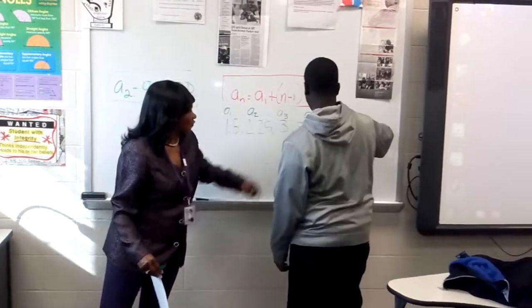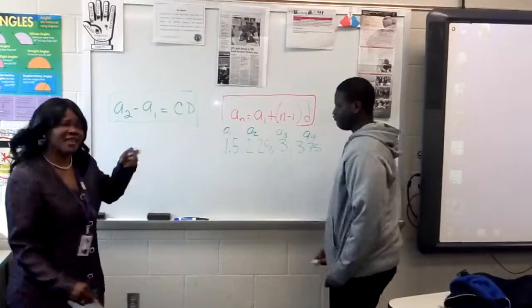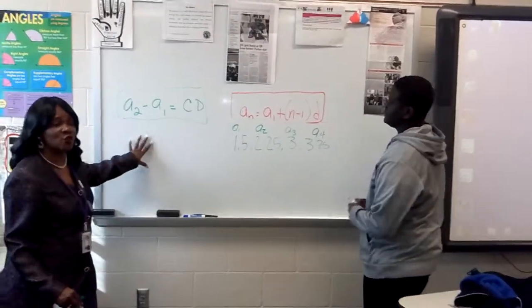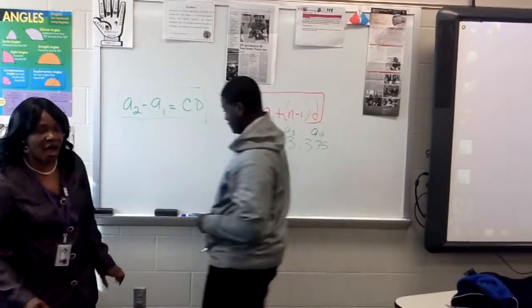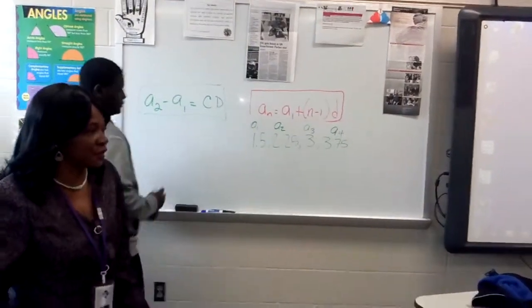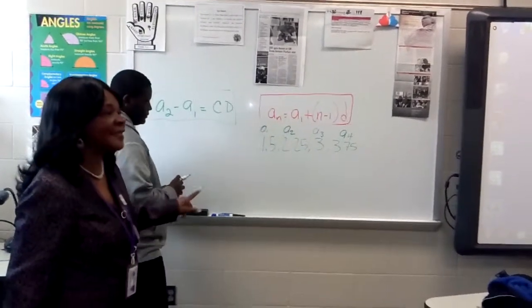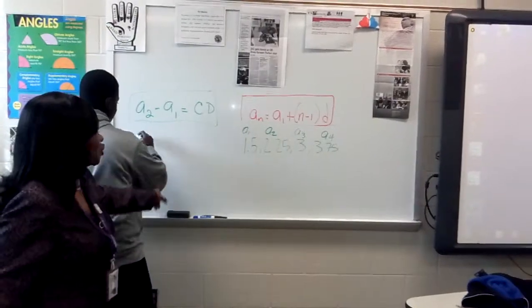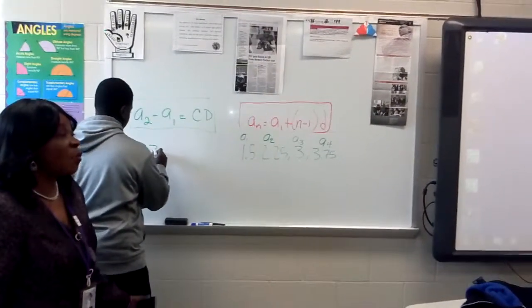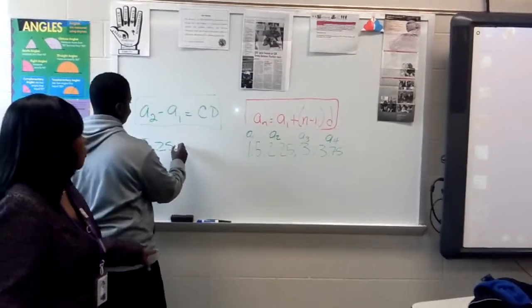Very good. Now, let's use our formula to see if we can find a common difference. Mr. Peterson, what number represents A sub 2? 2.25. And what number represents A sub 1? 1.5.